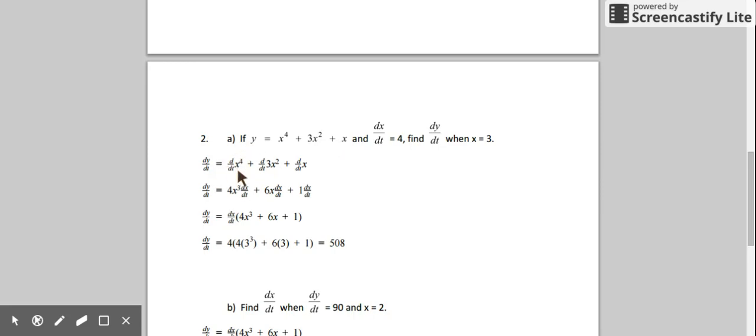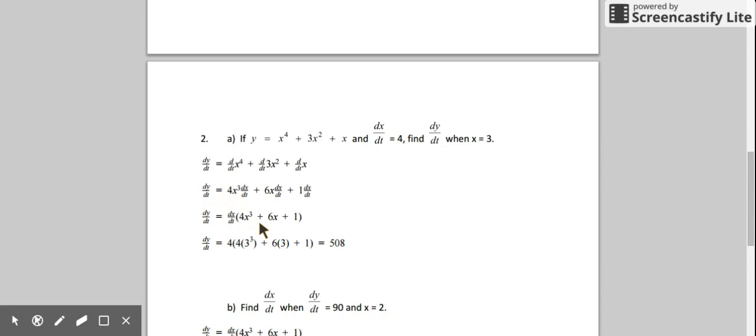The derivative of x to the 4th with respect to time is 4x cubed times dx dt. The derivative of 3x squared with respect to time is 6x dx dt. And the derivative of 1x with respect to time is just 1 dx dt, or just dx dt. So because all three of these terms have a dx dt, we could factor that out.